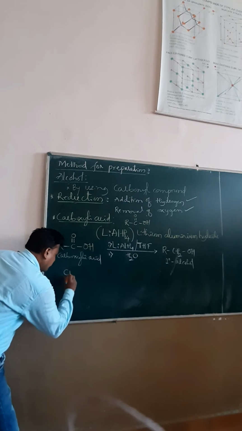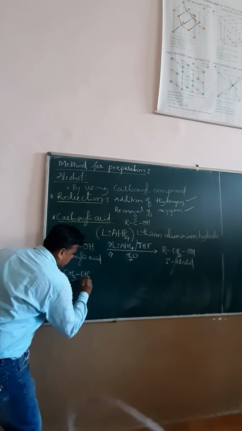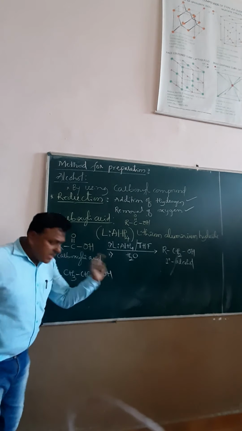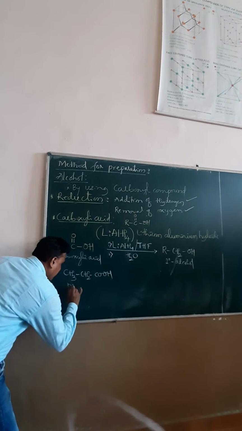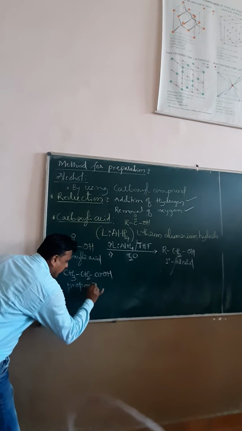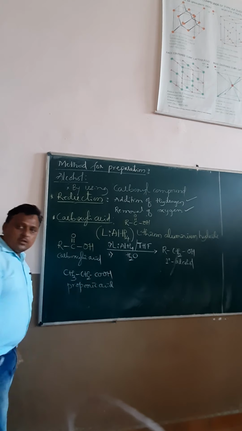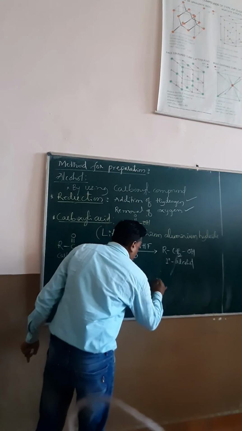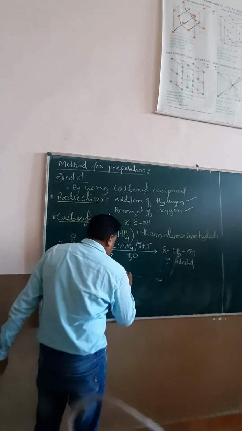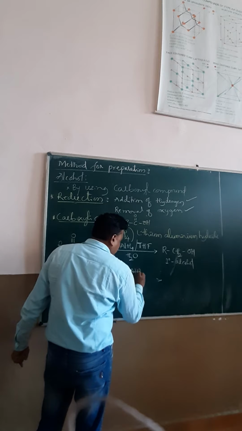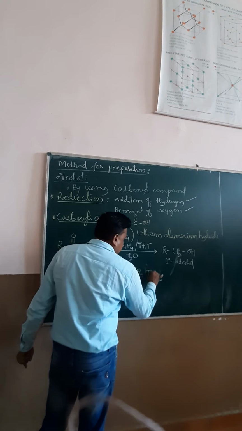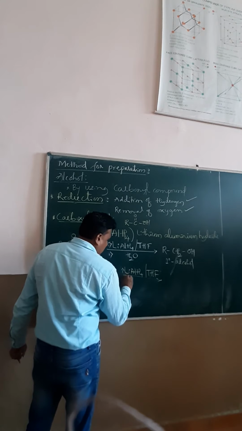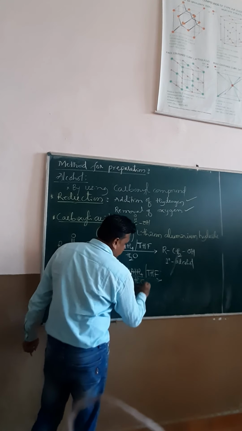Consider the example CH3CH2COOH, with 3 carbons. The name of this compound is propionic acid. Propionic acid undergoes reduction with the same lithium aluminum hydride in tetrahydrofuran, followed by hydrolysis.